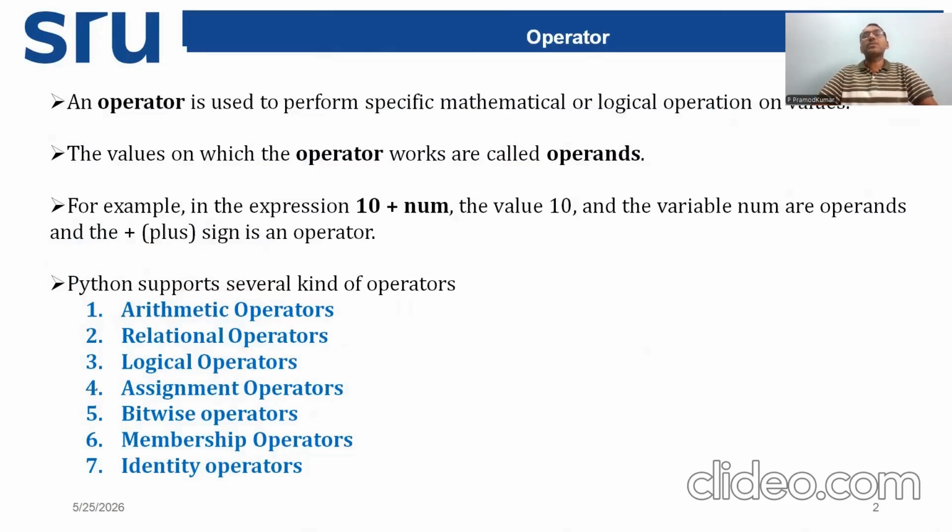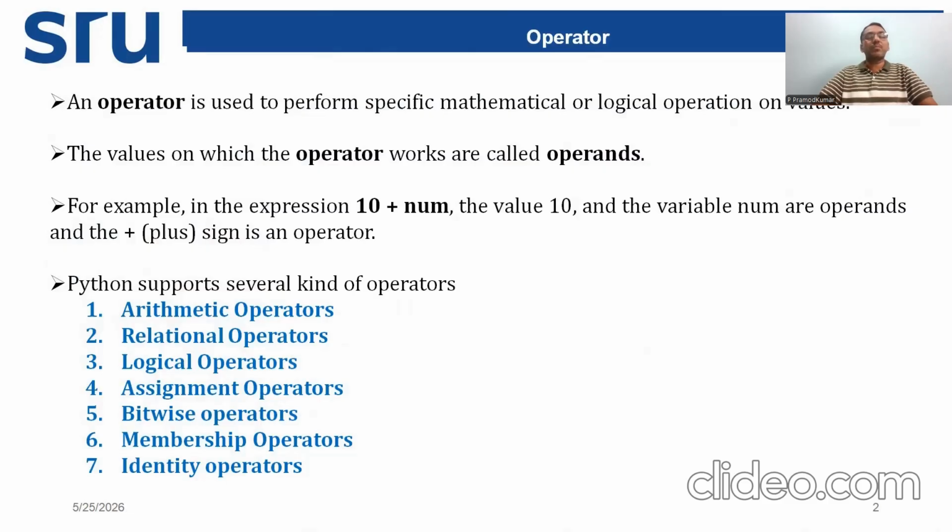In order to perform certain kinds of operations, Python supports various kinds of operators. Now we'll list out the operators supported by Python. Coming to the first operator set, arithmetic operators. Second is relational operators. Third is logical operators. Fourth is assignment operators. Fifth is bitwise operators.